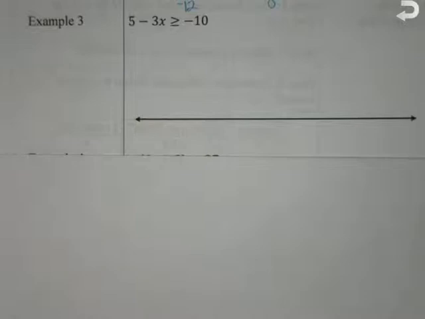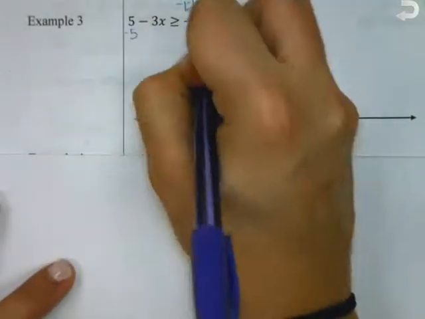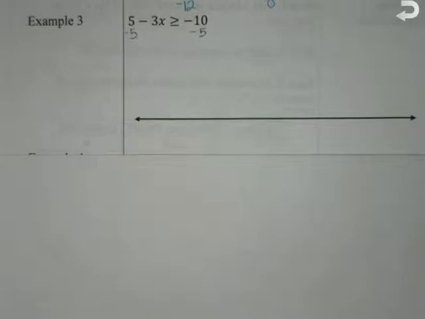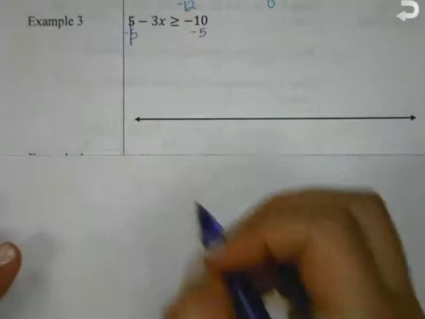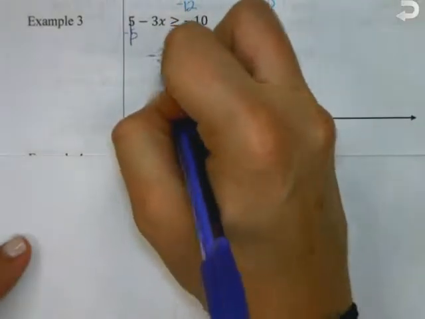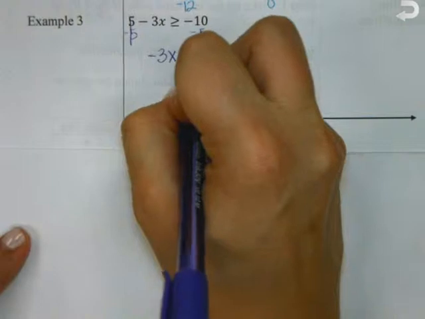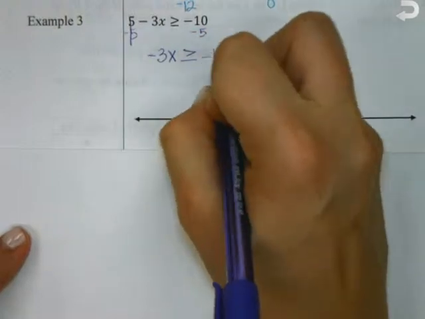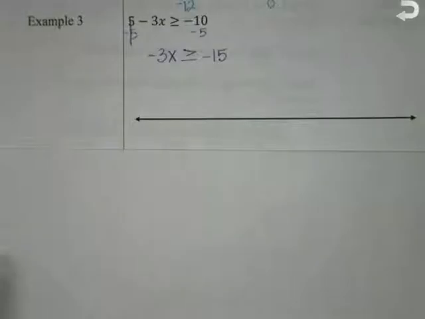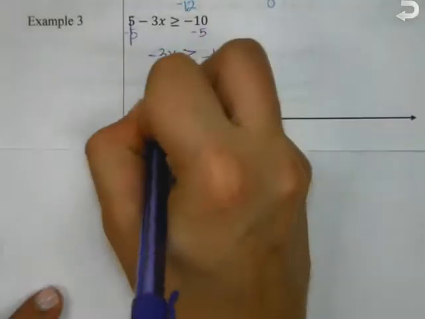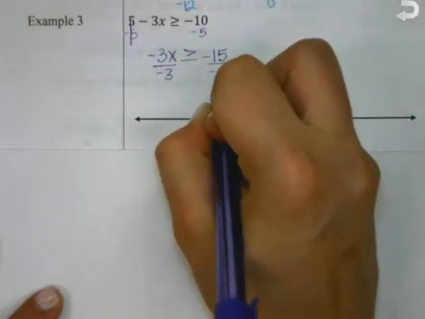Subtract 5 from both sides. So that gives me negative 3x greater than or equal to negative 15. And then what? Divide by negative 3. Okay. So that gives me x.